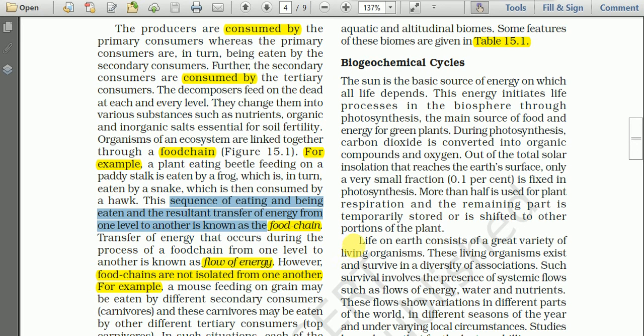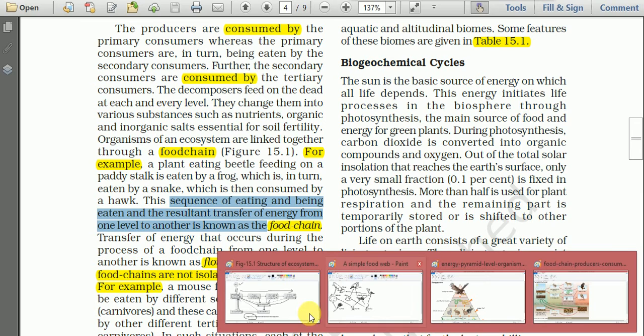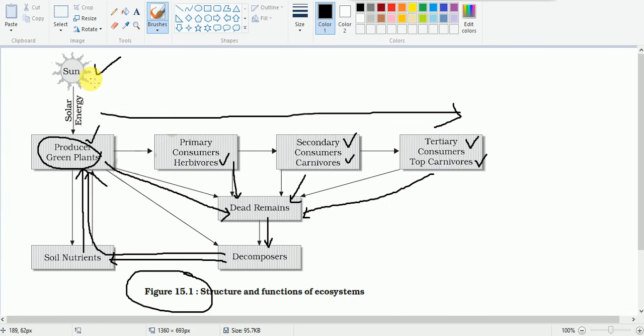And just see here in this diagram also, we derive energy from the sun. That means plants get energy from the sun, and again after eating plants, these herbivores, primary consumers, will get energy.